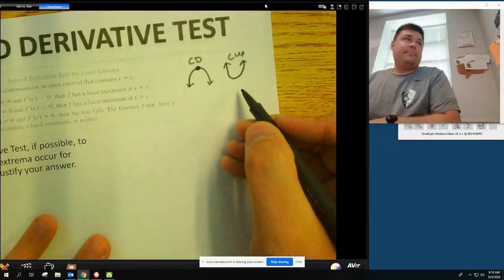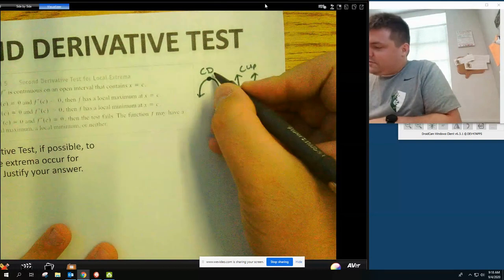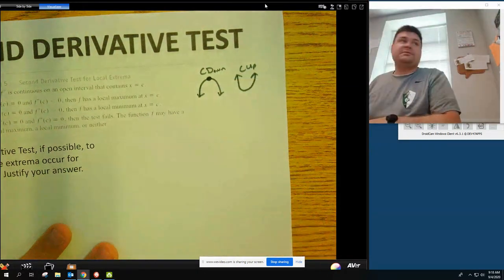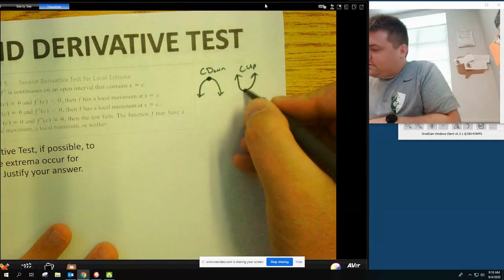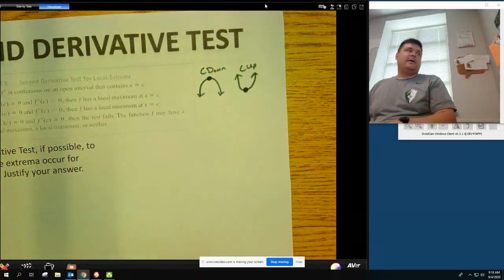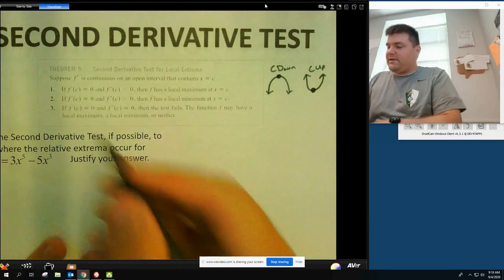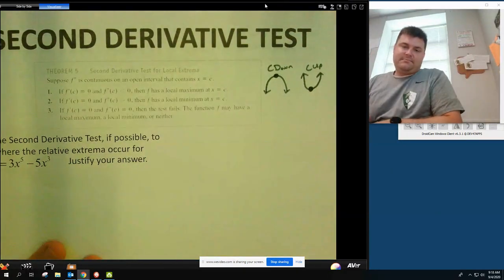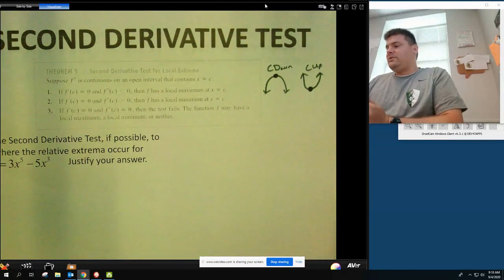Concave up is going to be a minimum. And then if the second derivative is 0, that tells us nothing. Can't use it. So then we have to go do something else.